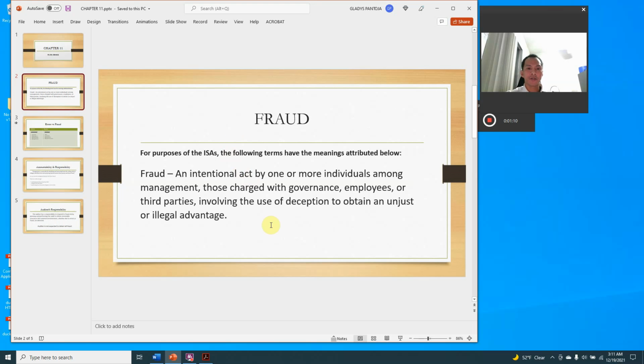So here, according to ISA, in fraud there is a deception. And when we say fraud, it's not only the entity, not only the management or the client, even a third party could be involved in fraud of a business.